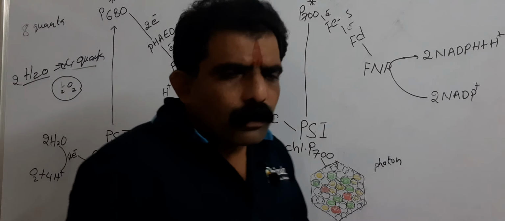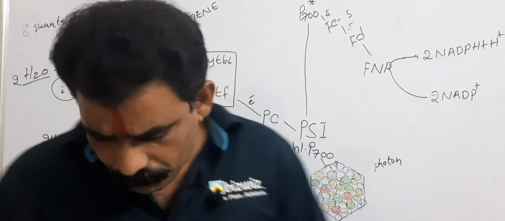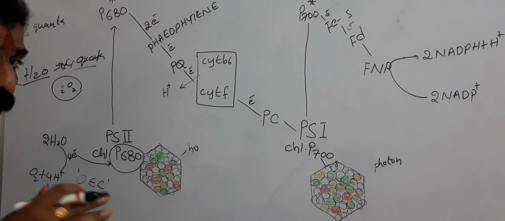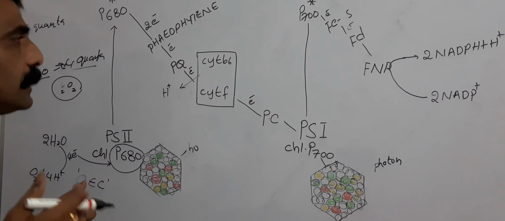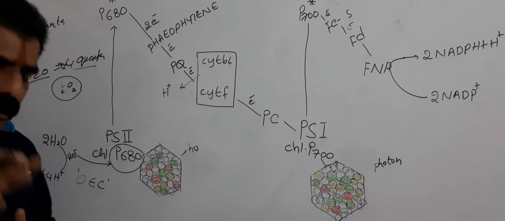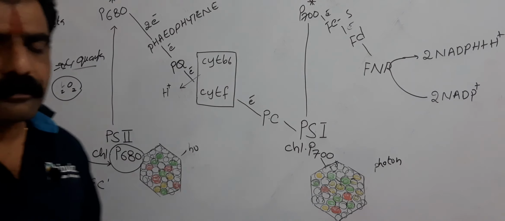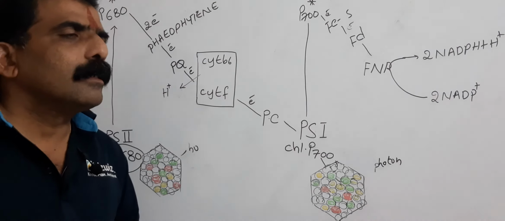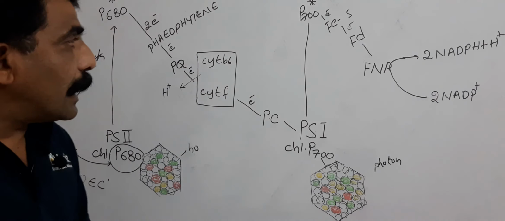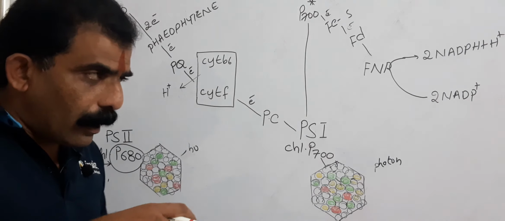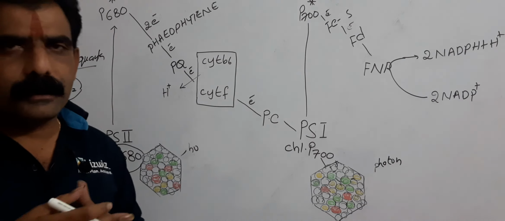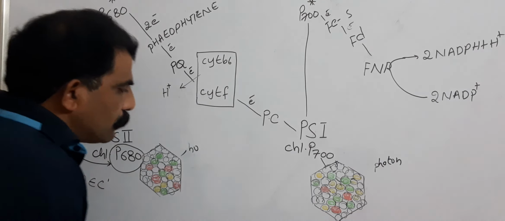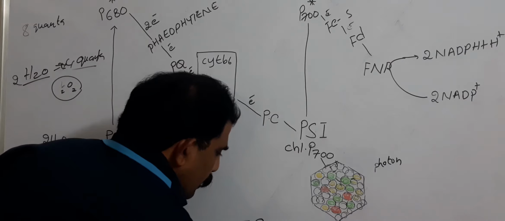So this amount of light, or the amount of photons or quanta, which are required to evolve one oxygen is called quantum requirement. Quantum requirement is the light quanta required to evolve one molecule of oxygen.